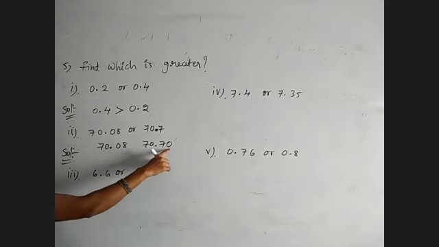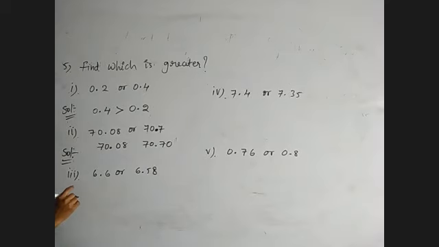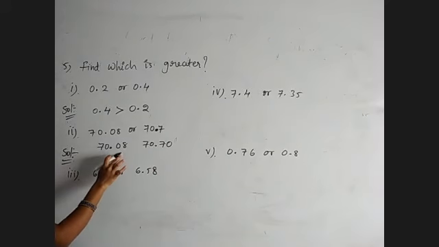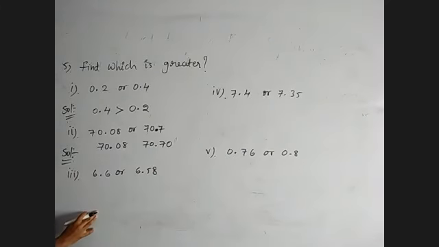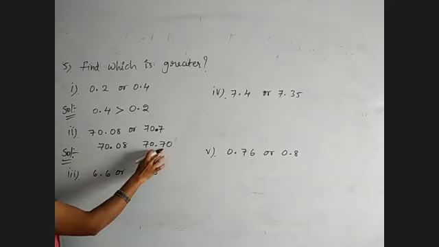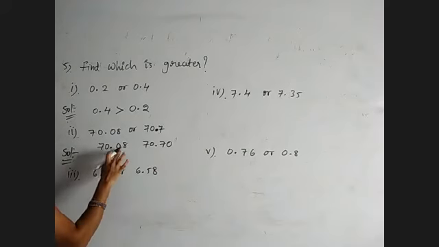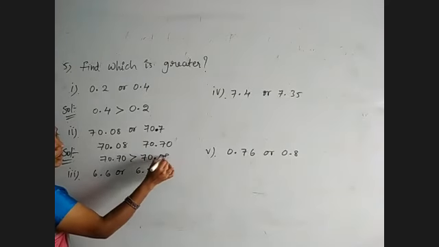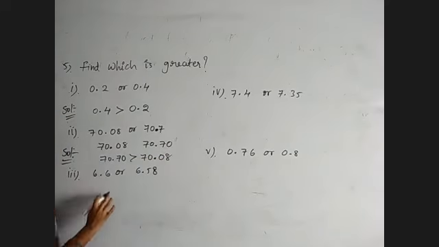We have 08 and 70. Actually, we can go with the single digit, but after the conversion, taking it directly is also no problem. 08 is 8, 70 is 70, and 70 is more than 8. Otherwise, go with the single digit: here 0 and here 7. 7 is more than 0. That means 70.70 is greater than 70.08. Okay.